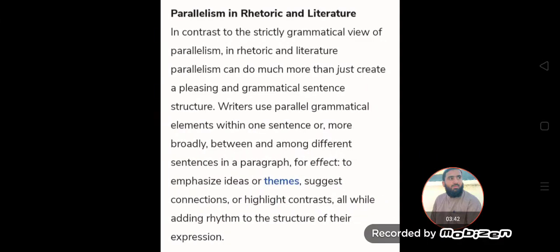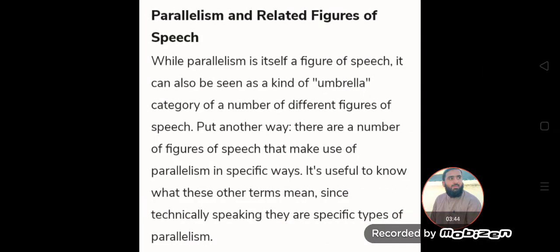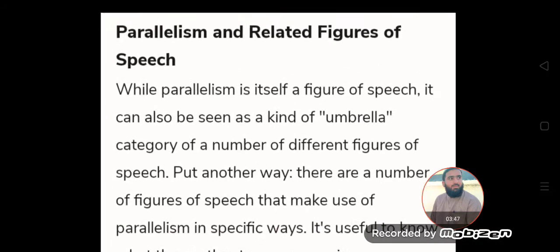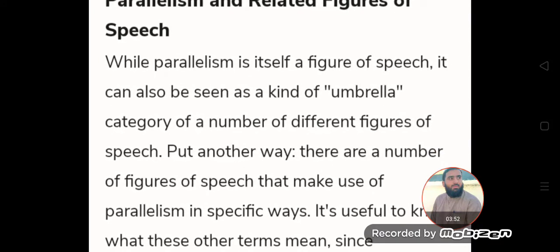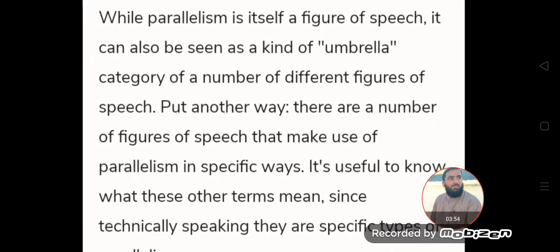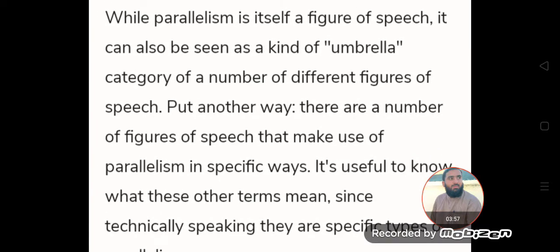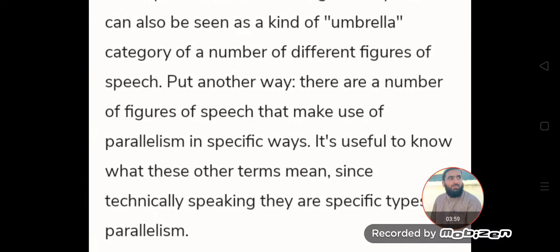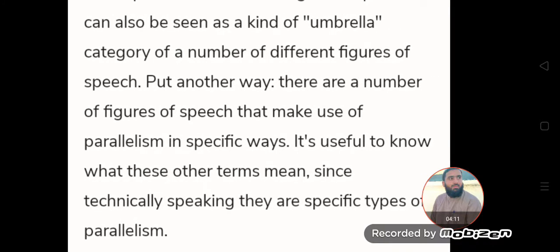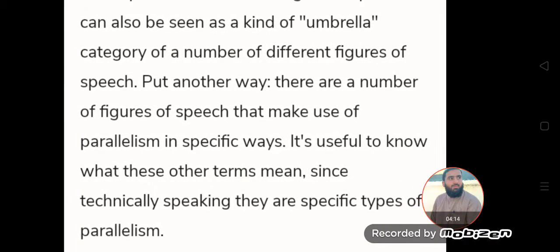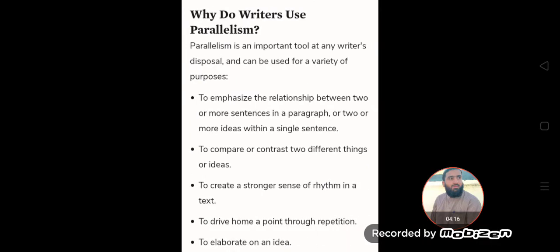In poetry, parallelism is also used. While parallelism is itself a figure of speech, it can also be seen as a kind of umbrella category of a number of different figures of speech. Put another way, there are a number of figures of speech that make use of parallelism in specific ways. It's useful to know what these other terms mean, since technically we can say that we have types of parallelism.